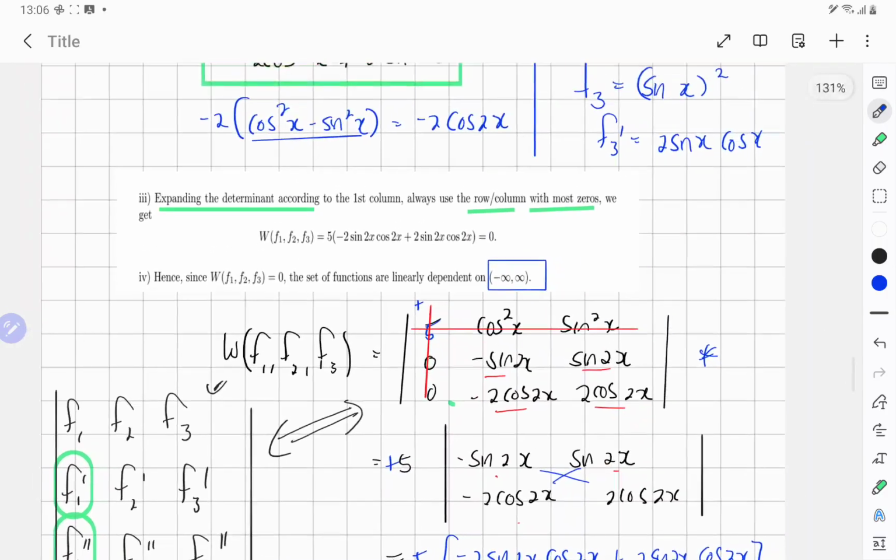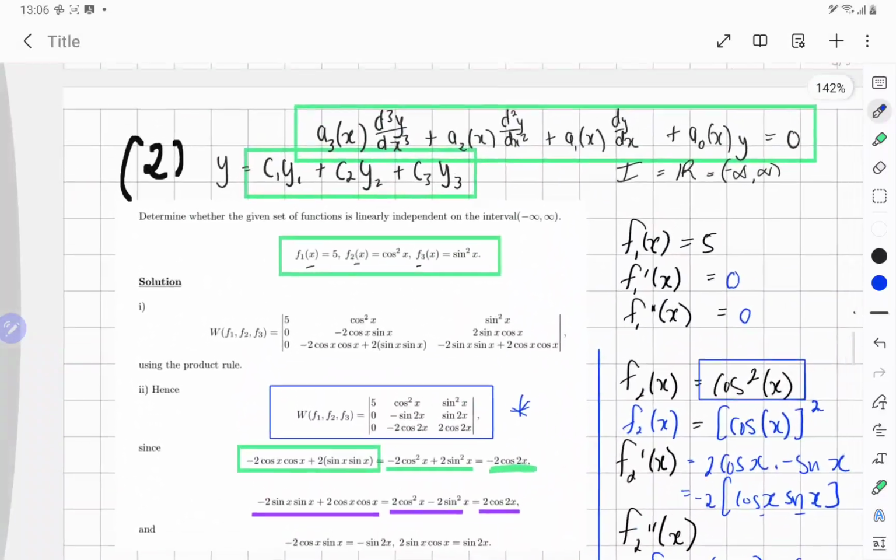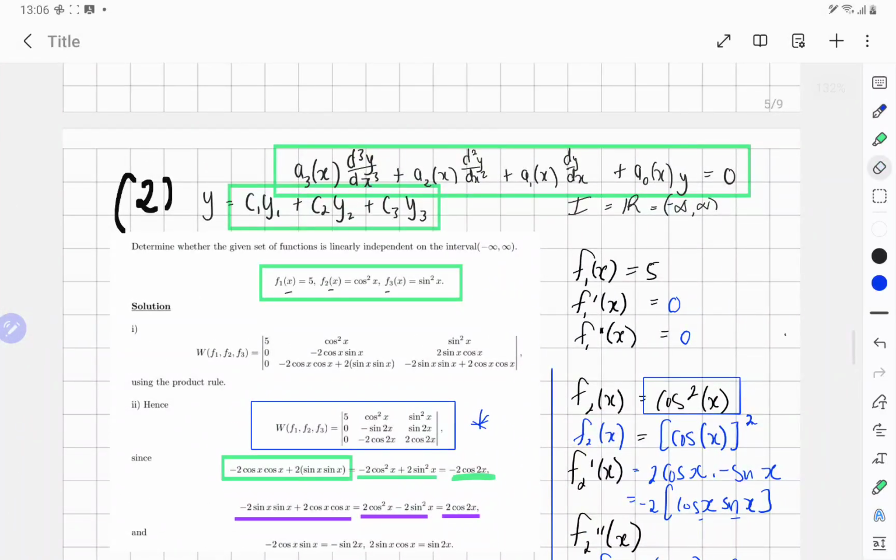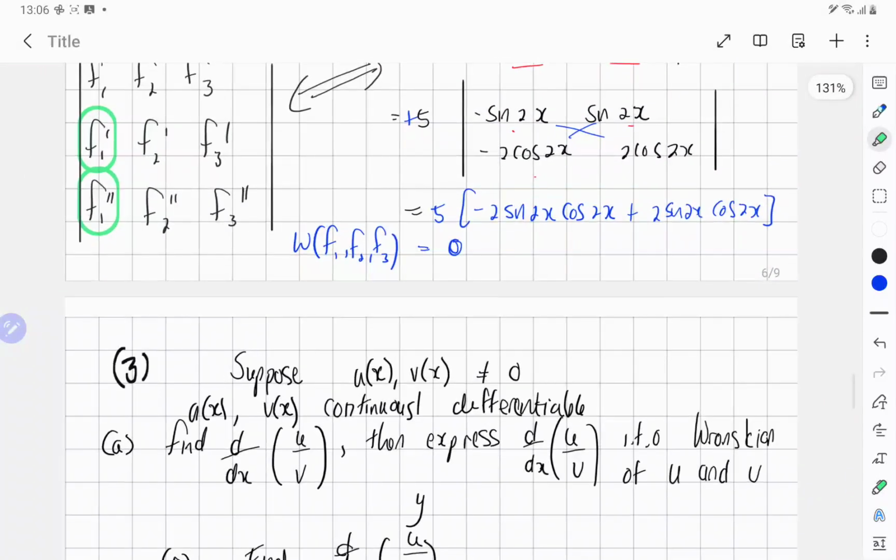Now, if my Wronskian is 0, just to recap, that means that my functions are linearly dependent, and I will not be able to write them as a linear combination. So I will not be able to say that my general solution y is a linear combination of my 3 functions. This will not be true.